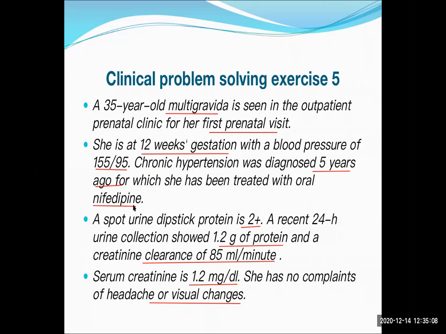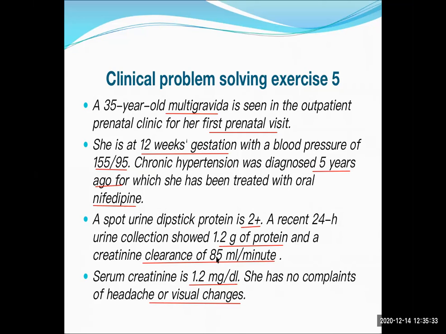Now see there. She was taking nifedipine for chronic hypertension. A spot urine dipstick protein is 2 plus. This is strongly in favor of preeclampsia. Yes, proteinuria is present. A recent 24-hour urine collection showed proteinuria also, 1.2 gram of protein, and creatinine clearance, meaning GFR, glomerular filtration rate, is already dropping to 85 ml per minute. Normal is 120.